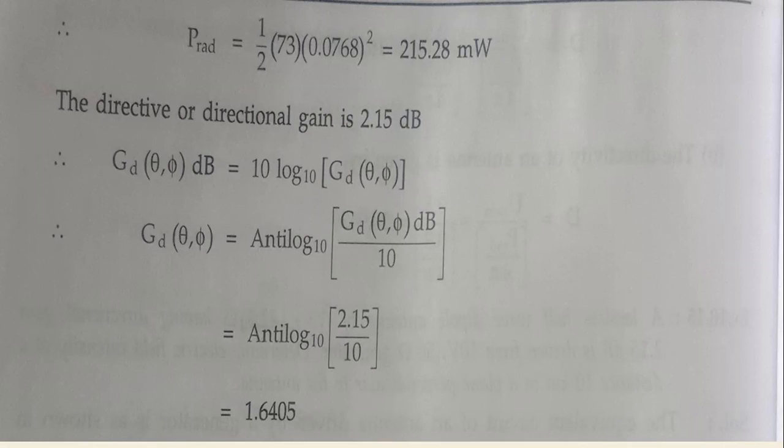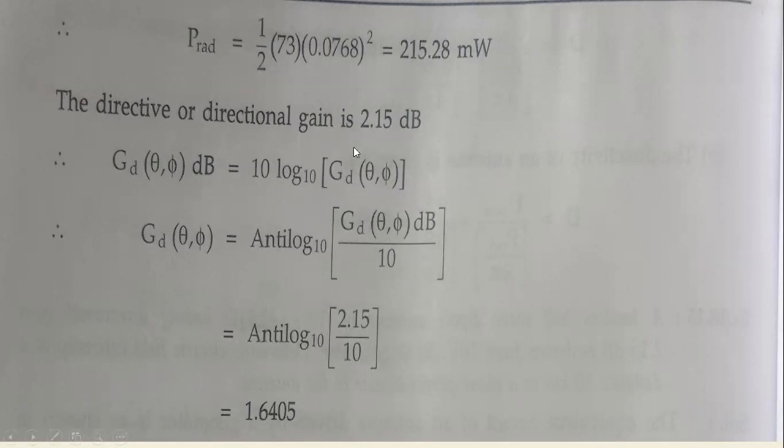Now, again the question arises, we need to find out the further part, that is the directive or directional gain. If the gain is given as 2.15 in terms of dB, we know very well the directive gain can be measured in terms of dB.